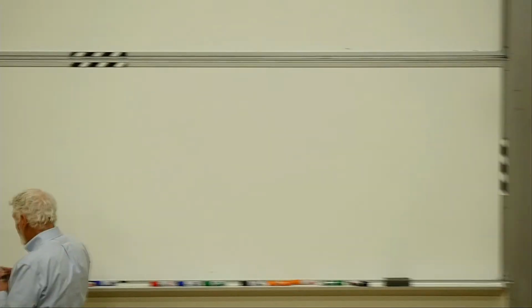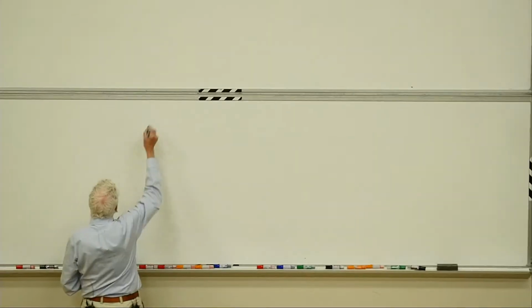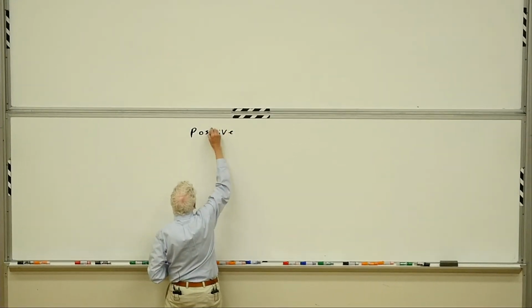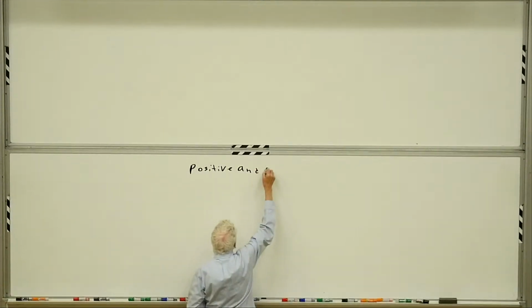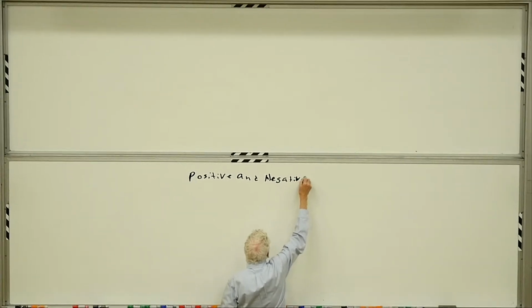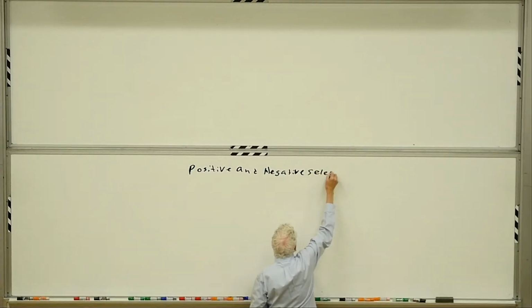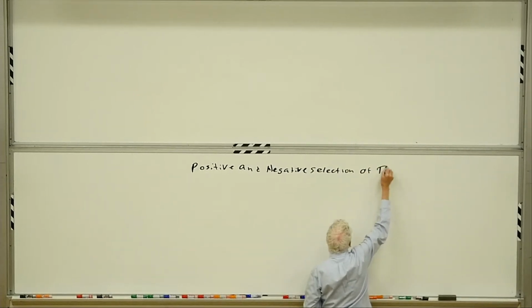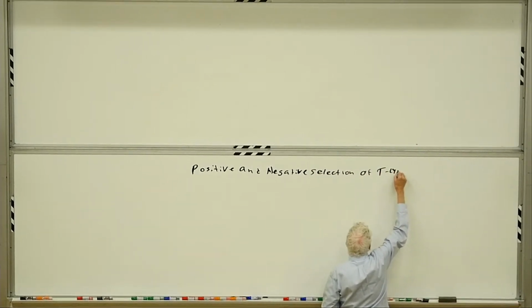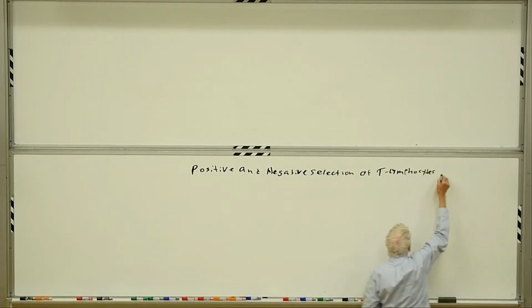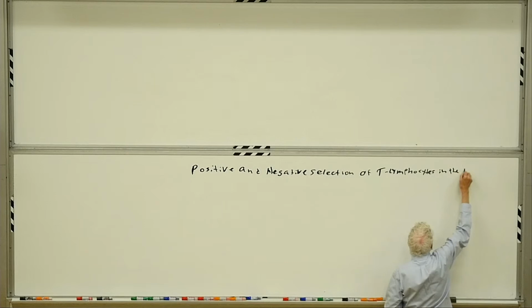But let's start out with positive and negative selection of T lymphocytes in the thymus.